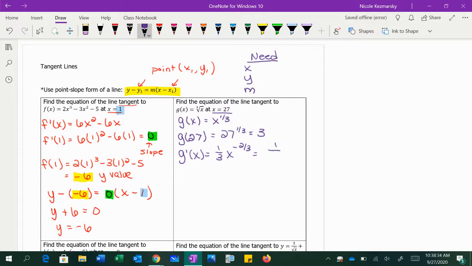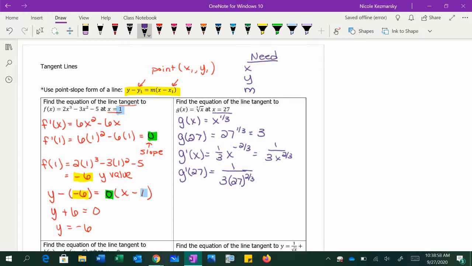I'm going to make it 1/3 x to the 2/3 in the denominator so that I can evaluate it. I'm going to say g prime of 27 equals 1/3 times 27 to the 2/3.